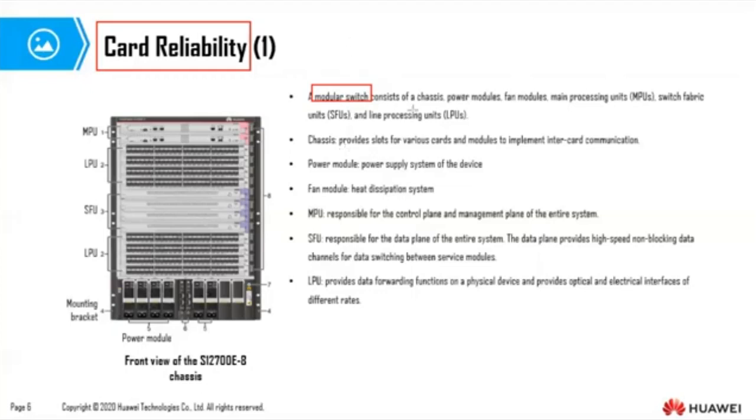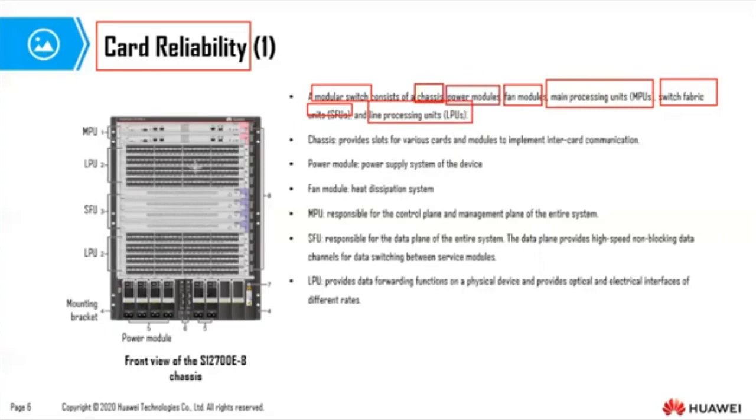Why are they called modular? Because they consist of different parts like the chassis, power modules, fan modules, main processing units, MPU, the switch fabric or SFU, and also the line processing units. We can have more than one of these, and they can be exchanged or replaced while the switch is still functioning.